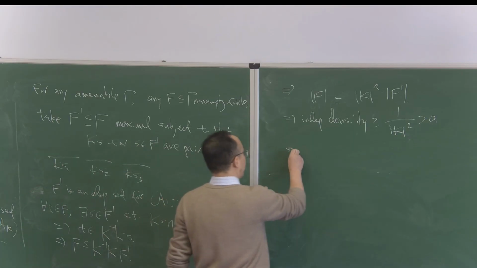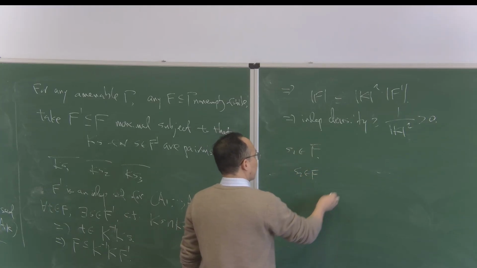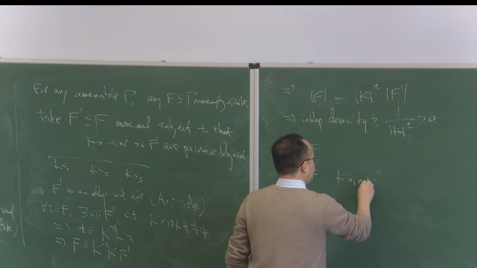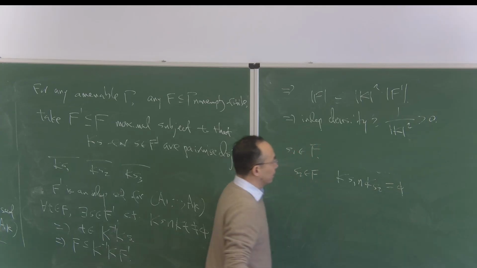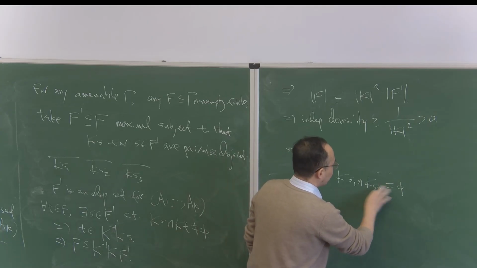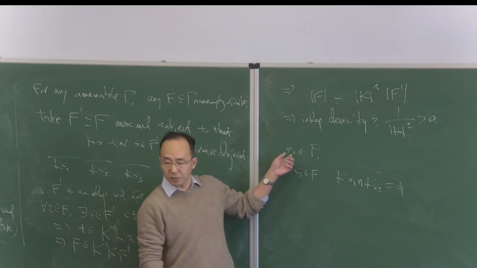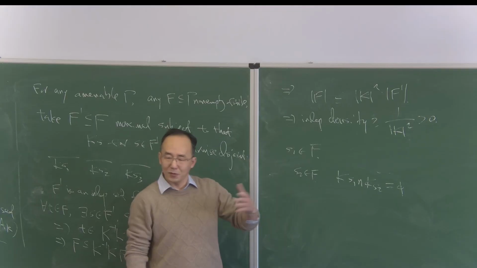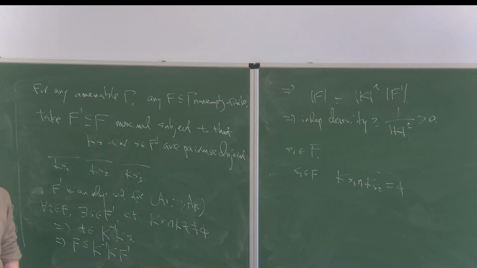You start with s1, you look at s2 in f, and you ask yourself whether this is disjoint or not. If it's disjoint, then you just add s2 into f prime. Then you look at the next one, until you cannot add any more points to it.